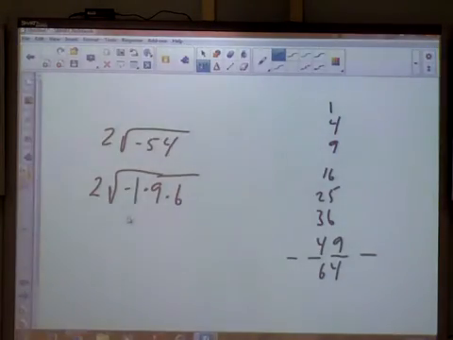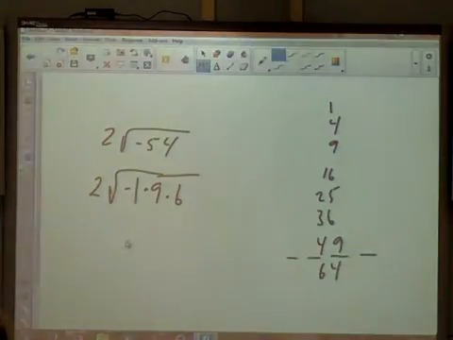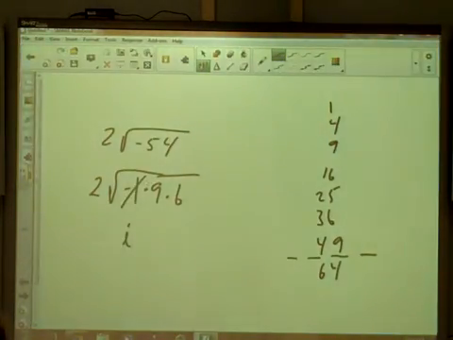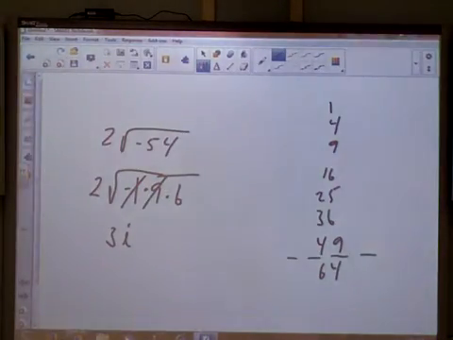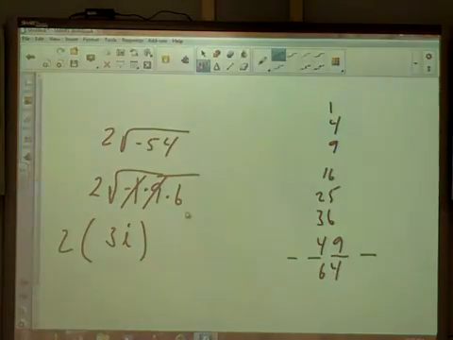All right. So when we bring all this out, this 2 that's already out here, what operation is the 2 going to do with this stuff? Multiply, which is distributed. That's right. So square root of negative 1 is i. Done with that. Square root of 9 is 3. Done with that. Still have that 2 out there. What about the 6 that I hadn't touched yet?